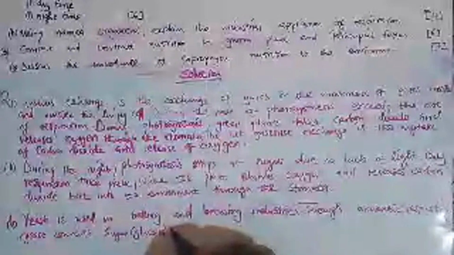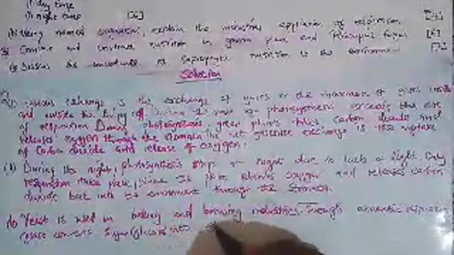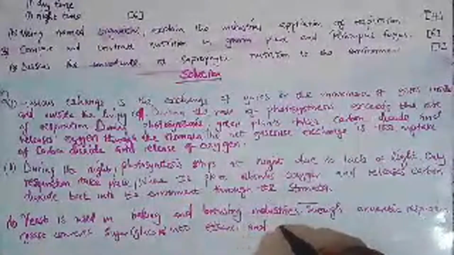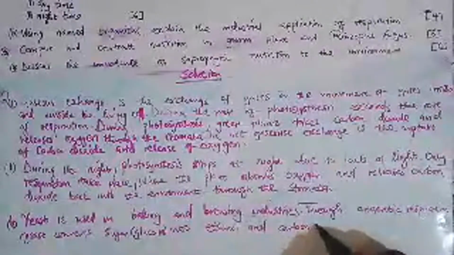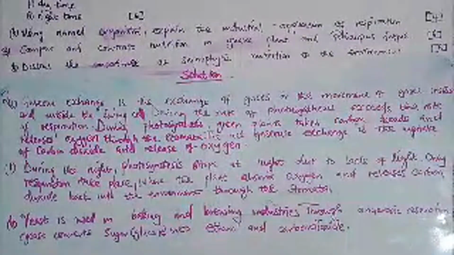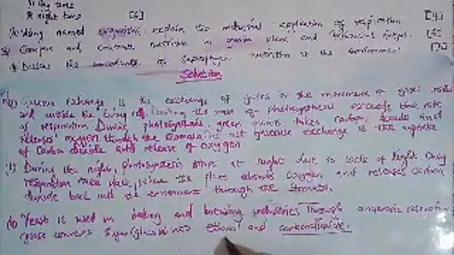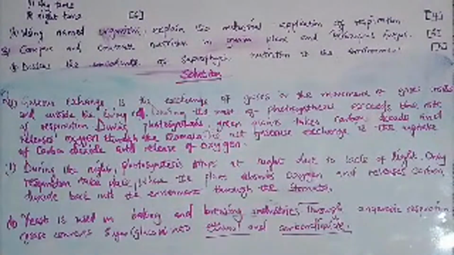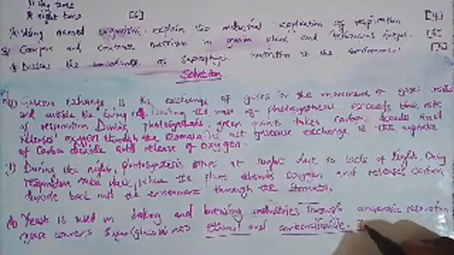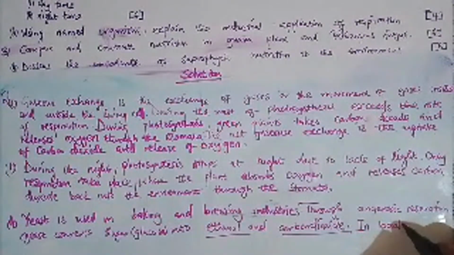So sugars, which is glucose, into ethanol and carbon dioxide. Yeah, so these are the two important products which we need to know whenever we are talking about the use of respiration in industries. So now you can move on to saying in baking, what do they use?